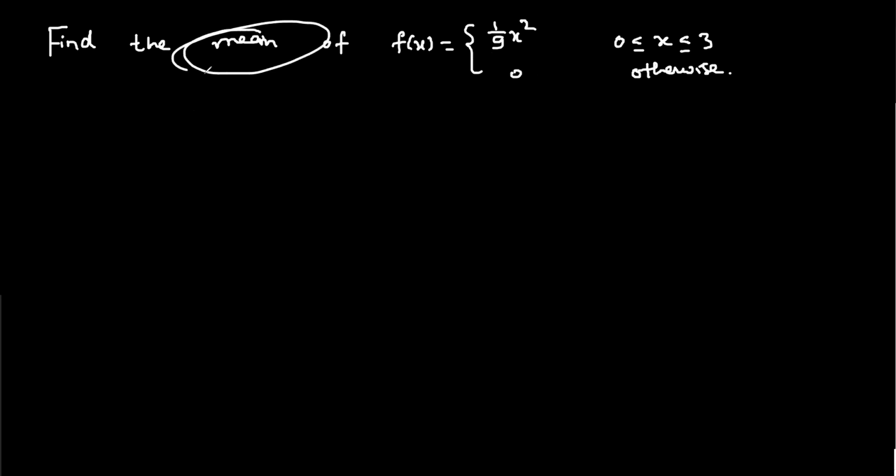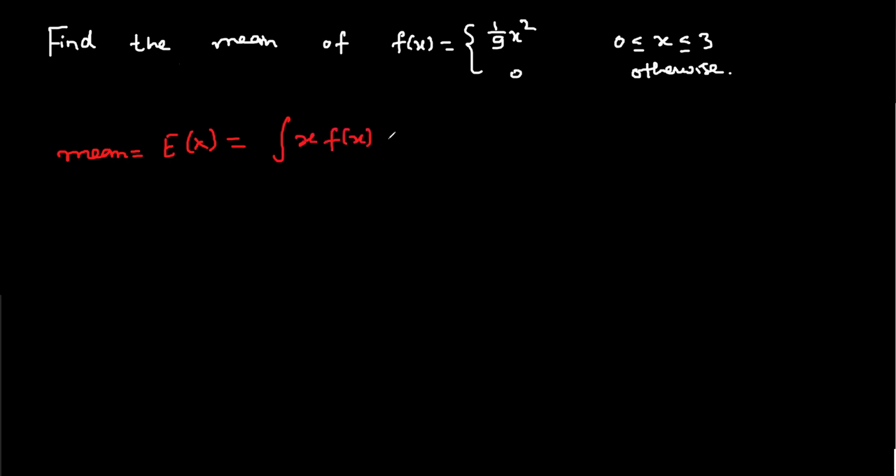Mean means you are finding expected value, right? Mean means average value, and average value is denoted by expected value. Expected value is calculated by the integration of x into f(x), from minus infinity to plus infinity. Here f(x) is 1 over 9.